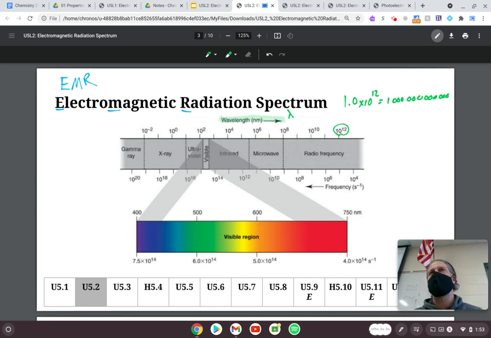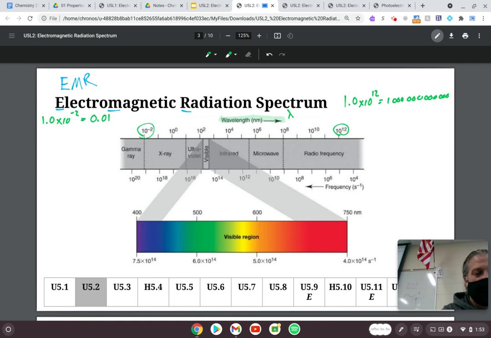What I really want to illustrate here is that's really quite large. On the left side of this diagram, you see 10 to the minus 2, which means 1.0 times 10 to the minus 2, which actually looks like this. And in terms of distance or length, that's very, very short.